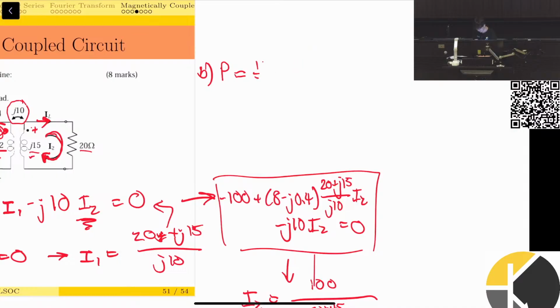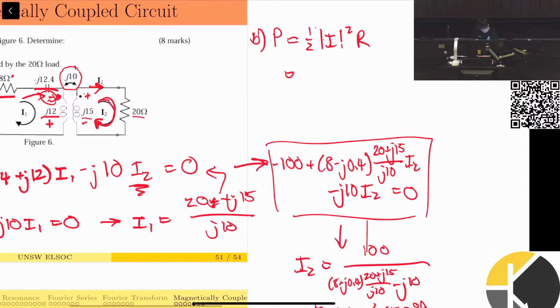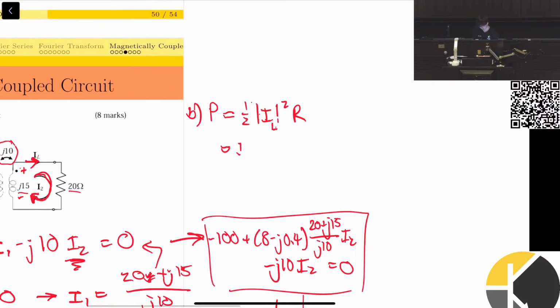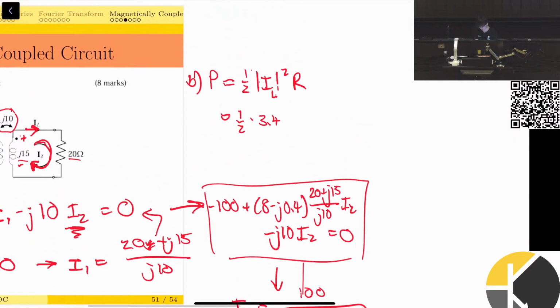So this will be half the peak value of the current squared times our resistance in the second mesh. So this is going to be IL, because that's the current flowing in the second mesh, which had a peak value of 3.46. So this is going to be half of 3.46 squared times 20, which will be roughly 120 watts.